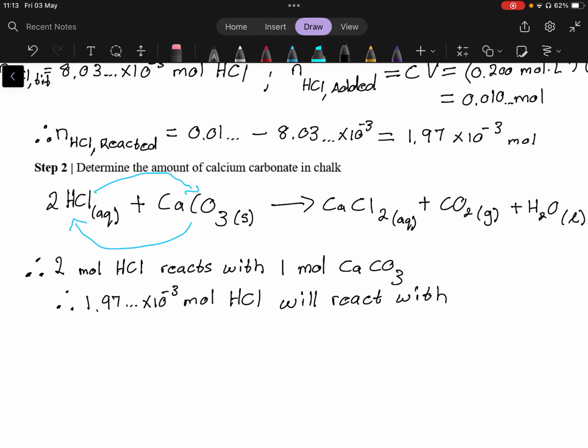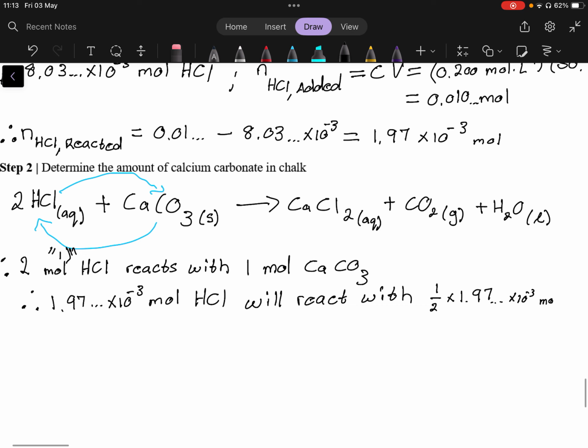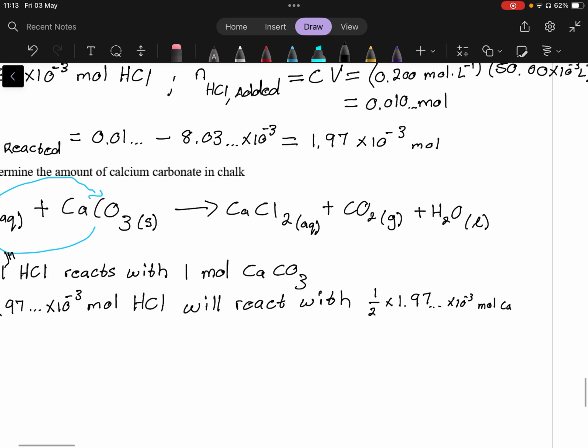Well, what you need to do is write a sentence essentially where you have 1 mole of everything. So you divide by the highest number, or if you have weird numbers, then you multiply by reciprocals. Will react with a half times 1.97 times 10 to the negative 3 mole calcium carbonate.